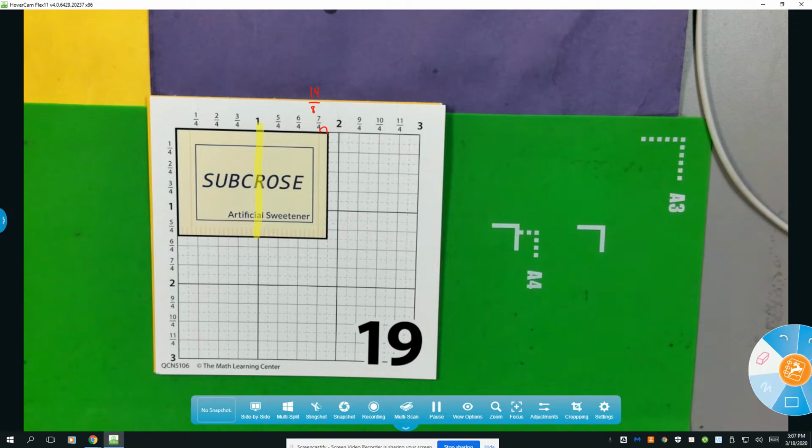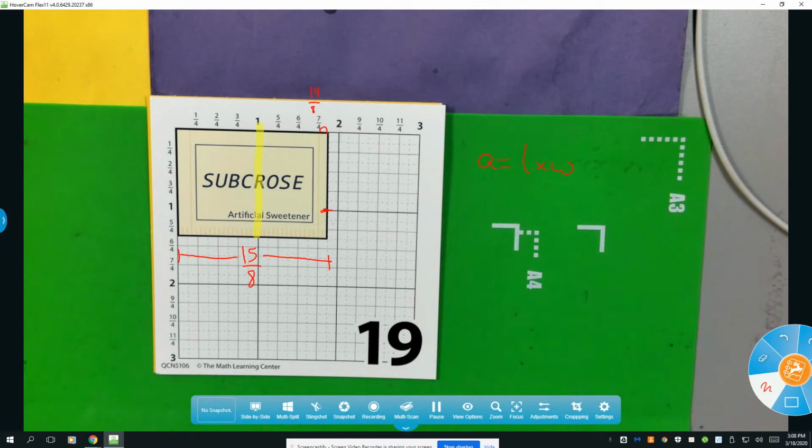So we're going to write down 15/8 for our length from here all the way to here. And we know that area equals length times width. Now we've just got to do the width. 1 whole goes to here.